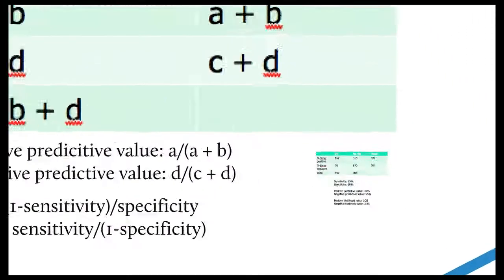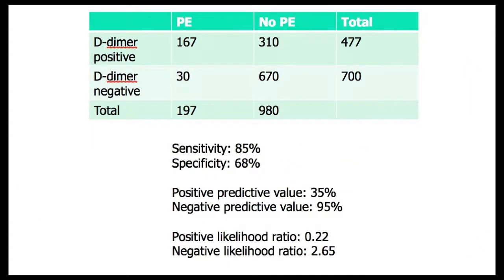And now if we come back to this data on the D-dimer, you can see now that this gives us some quite helpful information, that if you now calculate the negative predictive value of the D-dimer test, you can see it's actually very high at 95%. And so what we can say is that on the basis of these results, if a patient has a negative D-dimer test, then they're very unlikely to have a PE.